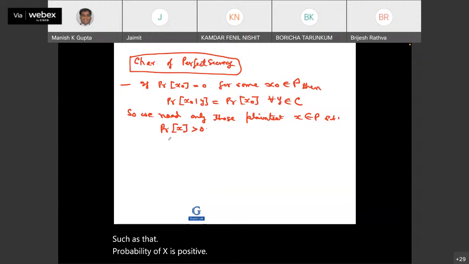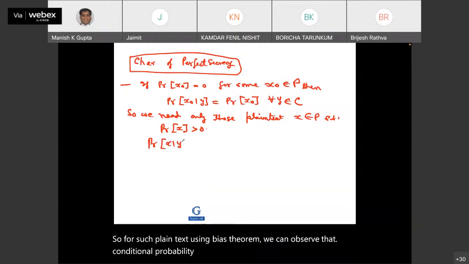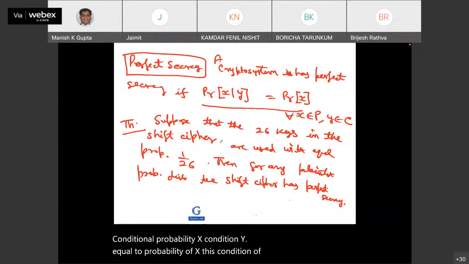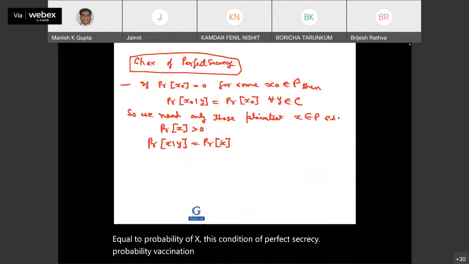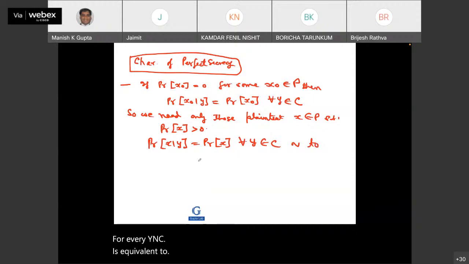For such plain text, using Bayes' theorem, we can observe that the condition of perfect secrecy, that the probability of x given y is the same as the probability of x for every y in C, is equivalent to the probability of y given x being equal to the probability of y for every y in C.